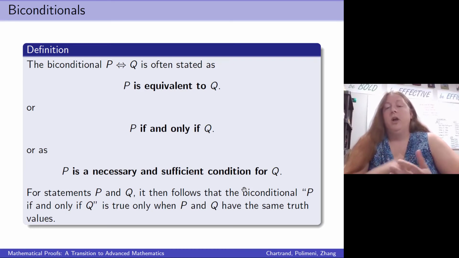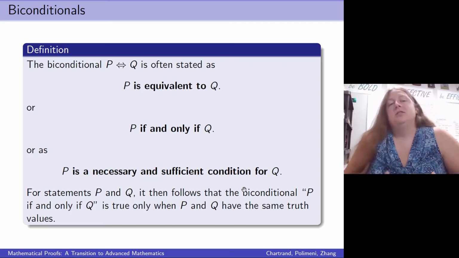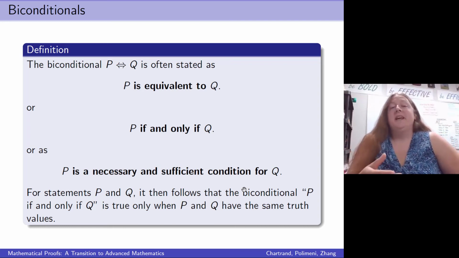One of the ways that will help you remember that is to think about the ways we can describe the biconditional, other than using the word biconditional. Ways that we'll say this a lot of times is P is equivalent to Q, or P if and only if Q, or P is a necessary and sufficient condition for Q. Especially that first statement, P is equivalent to Q. If two things are equivalent, they're going to have the same truth values.